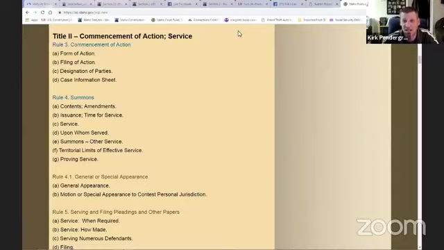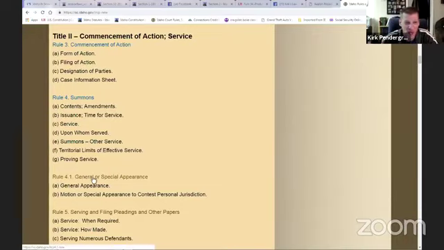So let's see, rules of civil procedure. I believe it's 4.1. Yep, 4.1. I'm going to share this screen so you get the idea that I'm not making this stuff up, at least in my state, in our rules of procedure.